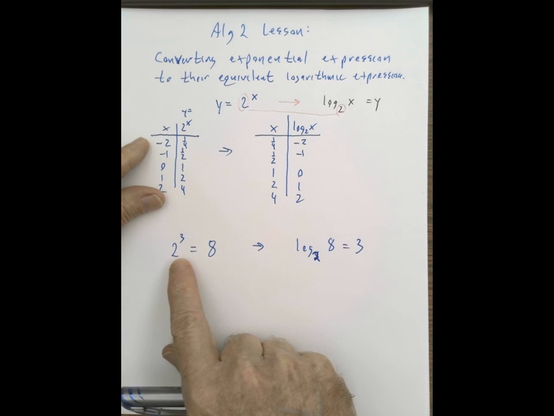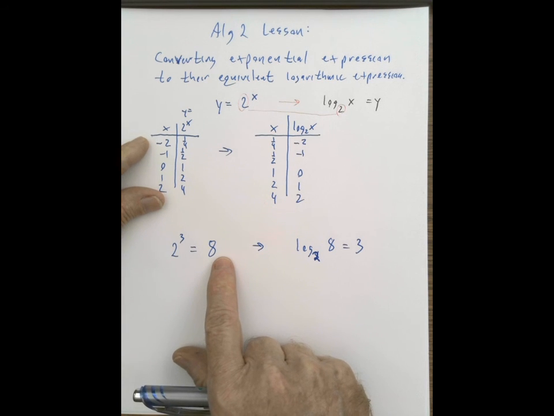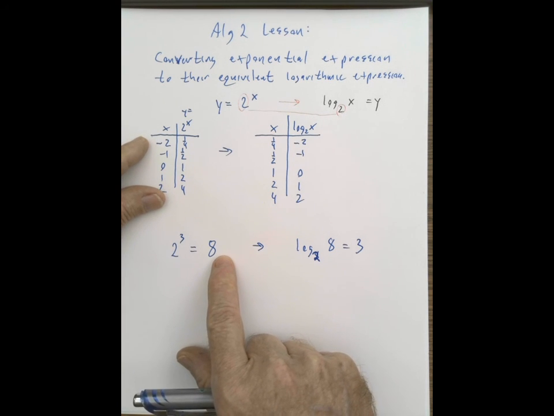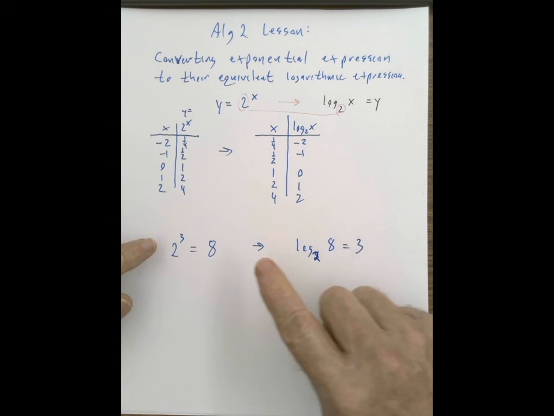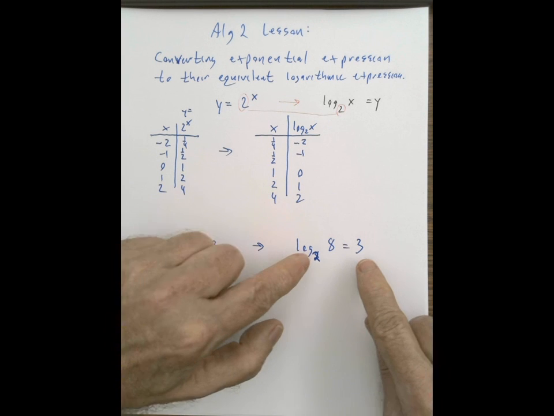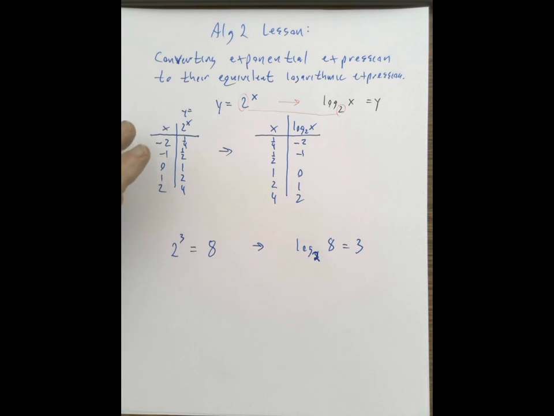This base and that base are the same, and the x and y values have simply switched position. That's how it works. So the first thing we want to be able to do is convert from an exponential expression to its equivalent log expression, or the other way around.